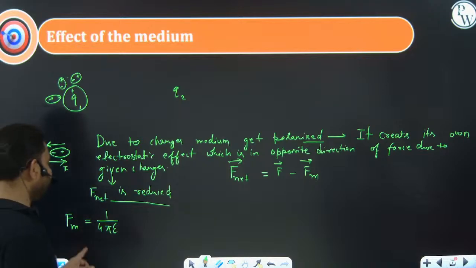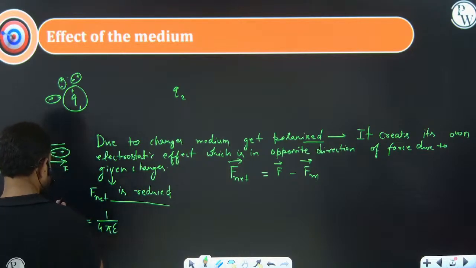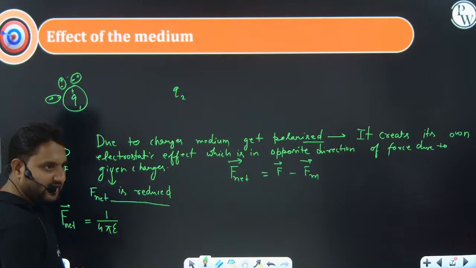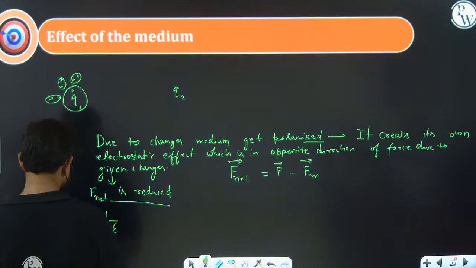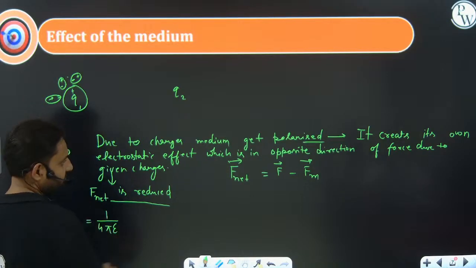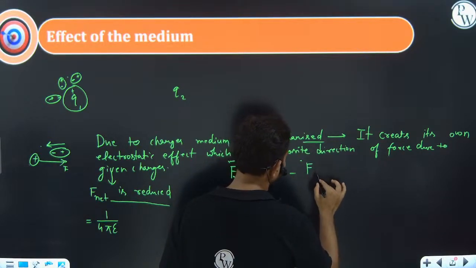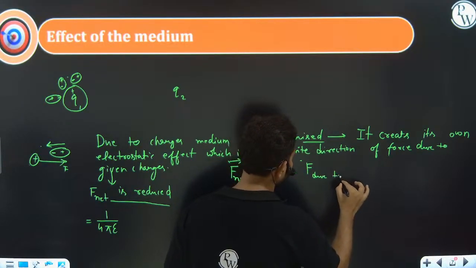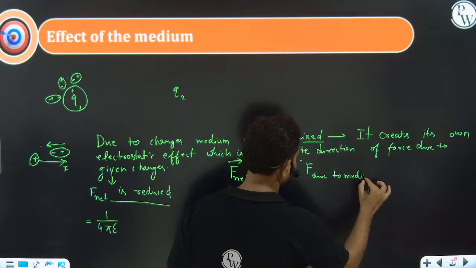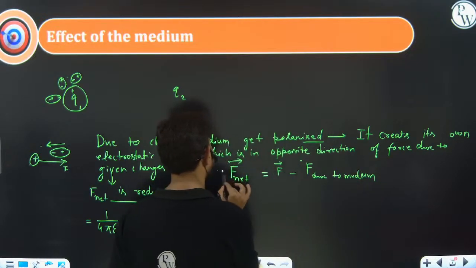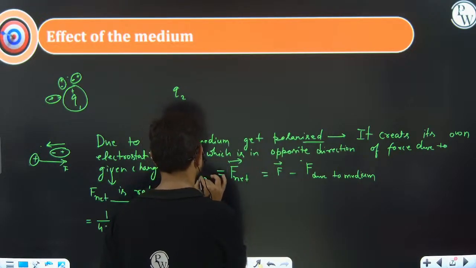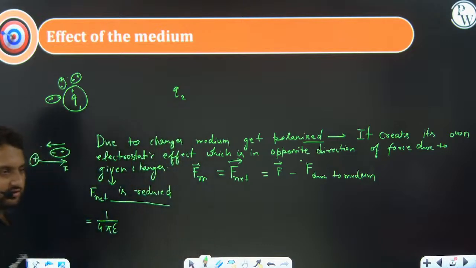So the net force in a medium, I am calling this F net to be Fm, force in vacuum and force in a medium.